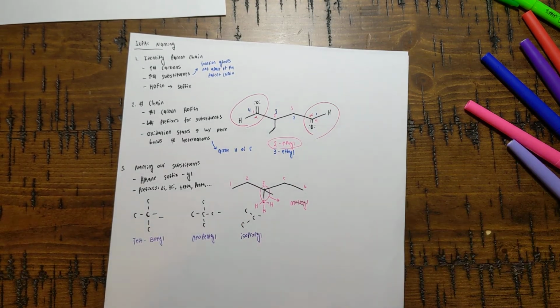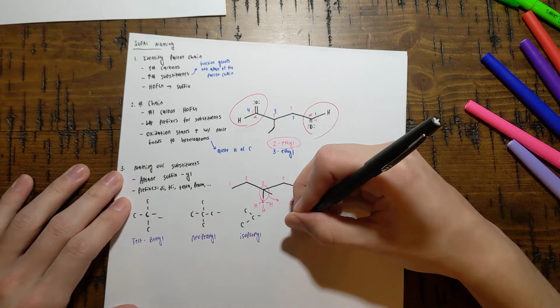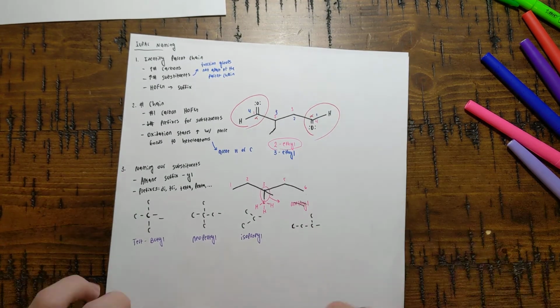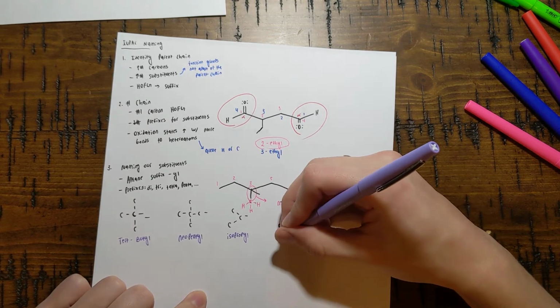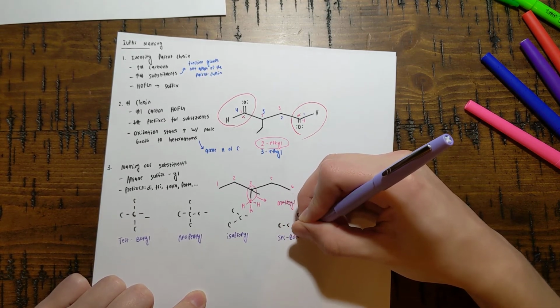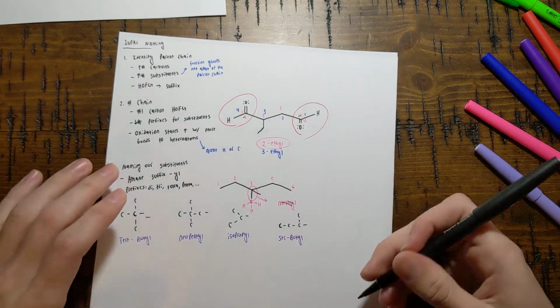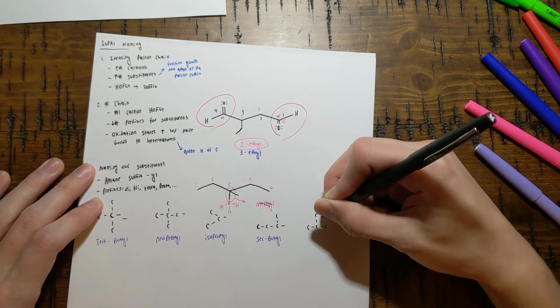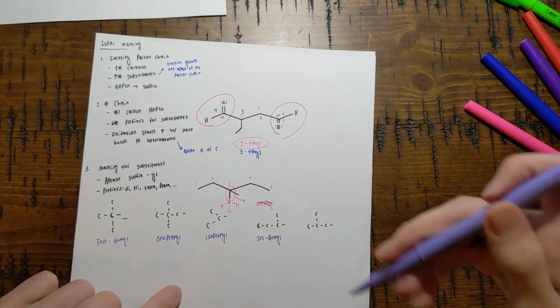If we have 4 carbons bonded like this, this is sec-butyl. And then we have, again, 4 carbons, but instead bonded like this, and this is isobutyl.